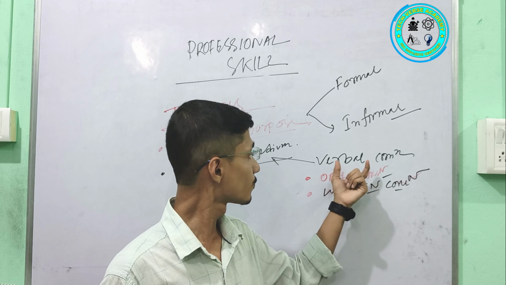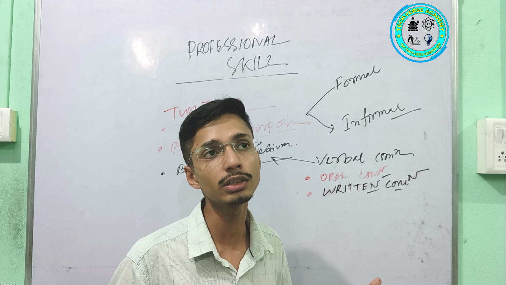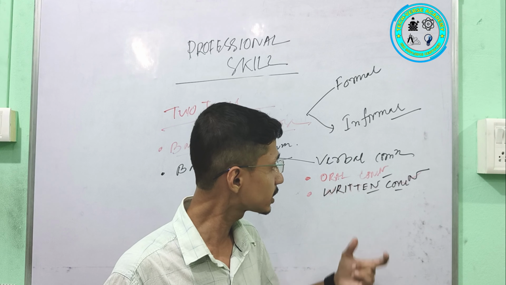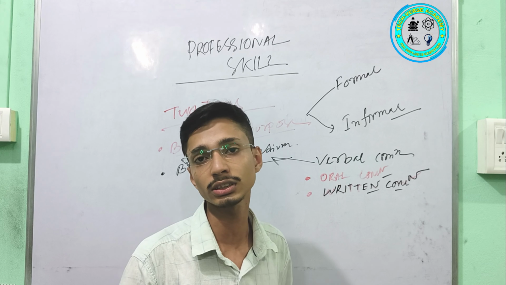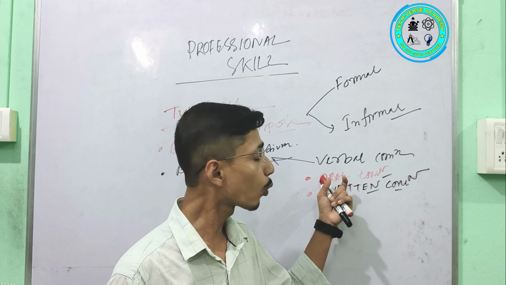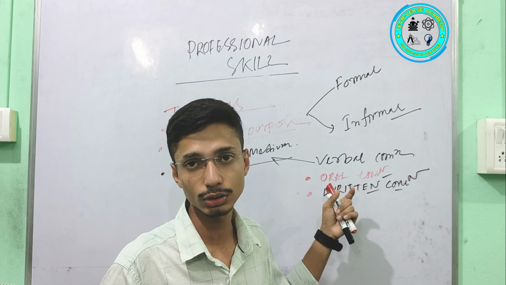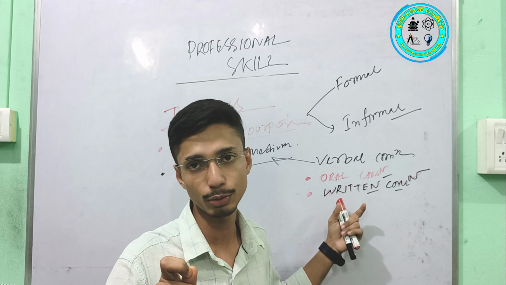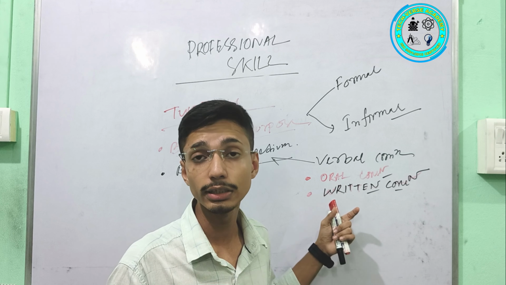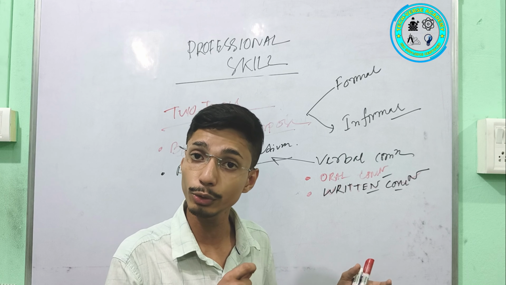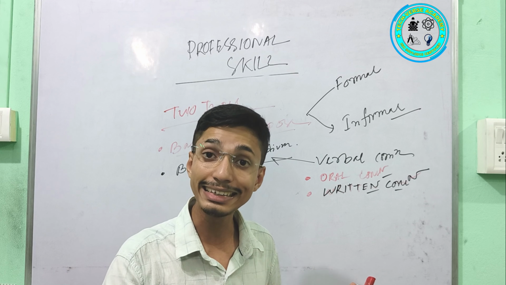So, if in our semester exam a question arrives like state the difference between oral communication and written communication for 6 marks, we can easily write: oral communication is the fastest process of communication, whereas written is a lengthy process. Because in written communication, we have to write the information and it takes time.